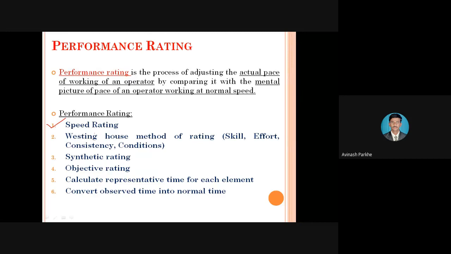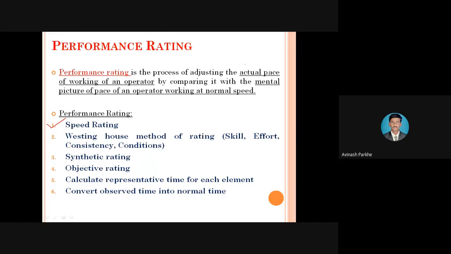There should not be any variation of speed. The speed should not increase, and the working speed should not decrease. Therefore, you have to maintain your constant speed so you can complete your task within the given period of time. So the first method is related to speed rating, in which the speed of the movement of the operator plays a very important role.